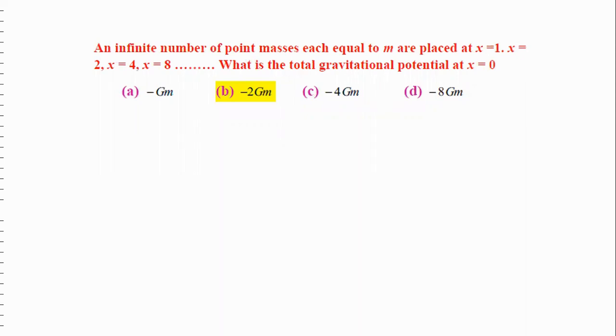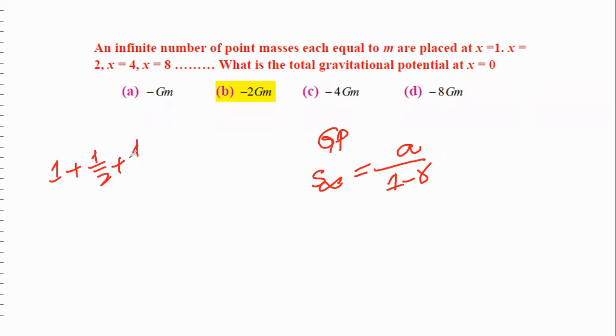Next problem. This is an important problem. This is for an infinite series, that is a geometric progression, GP. What is a geometric progression? For infinite terms, the sum is a divided by 1 minus r. Let us suppose 1 plus 1 by 2 plus 1 by 4.